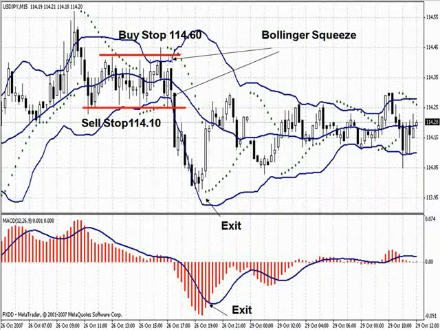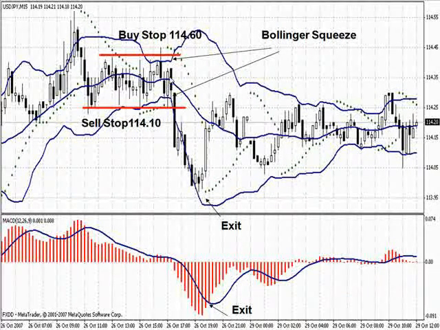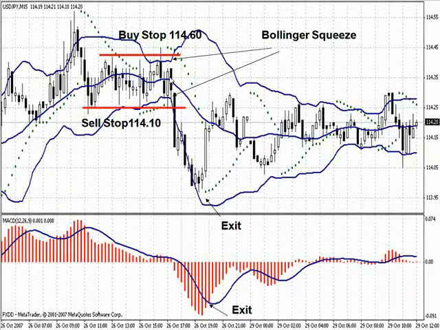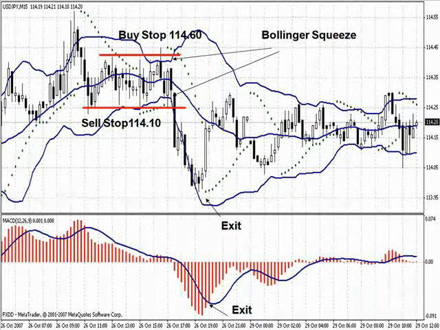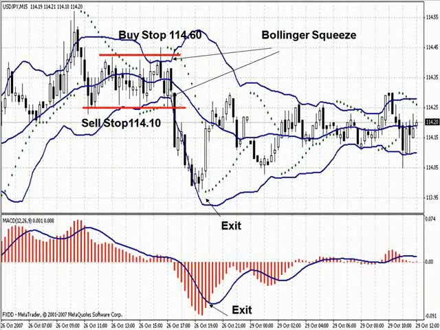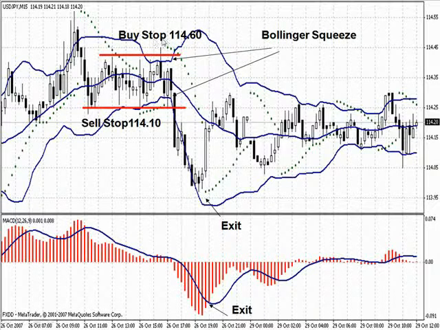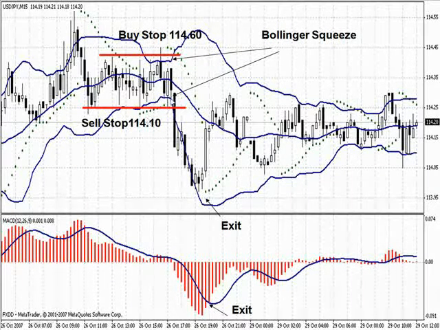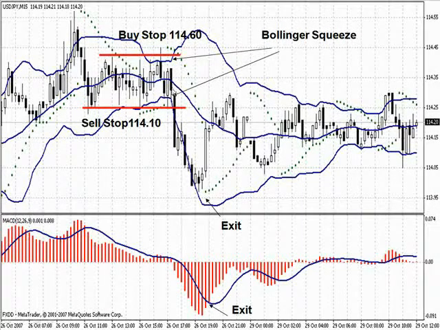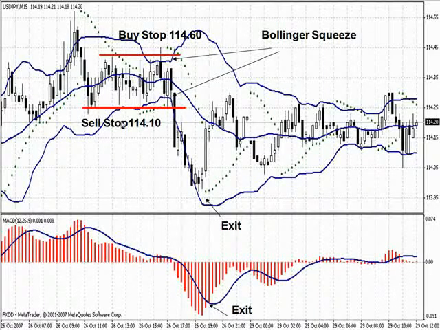When there's a Bollinger Squeeze, it essentially means the currency is going to explode. It could explode either on the upside or on the downside. We are not sure which way. That is why you place a buy stop and a sell stop order. In this case, it exploded on the downside, so the sell stop order gets executed.